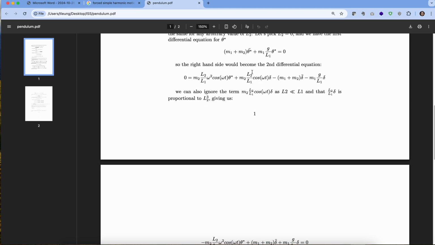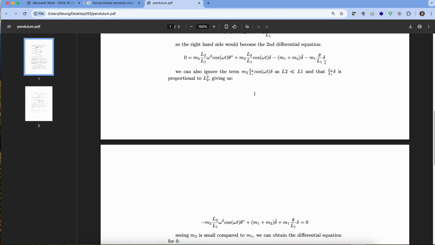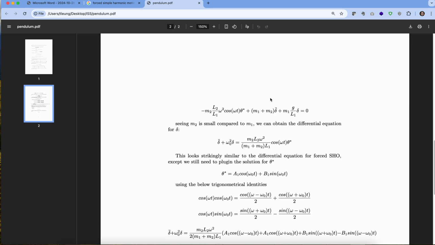And here we see one more opportunity for vanishing one term, which is this term. It's because L2 divided by L1 is much less than 1, and delta is proportional to L2, so this becomes a small object compared to the other terms, so we can get rid of it, and it simplifies to this differential equation.